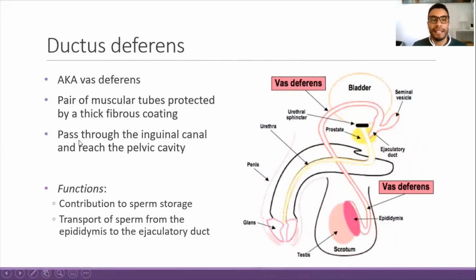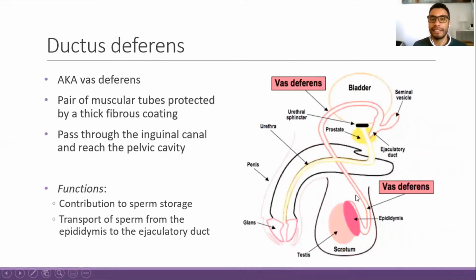So they start here at the tail of the epididymis, and run, they pass through the inguinal canal, okay, they reach the pelvic cavity, because this here, the scrotum, is external to the pelvic cavity. So they enter the pelvic cavity through the inguinal canal.